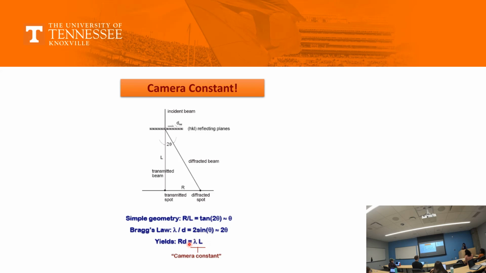which consists of two things. One is your R and the other is your d. Your R is the distance between your transmitted and diffracted spot, and d is your plane distance. And this term changes as you change your d, right?